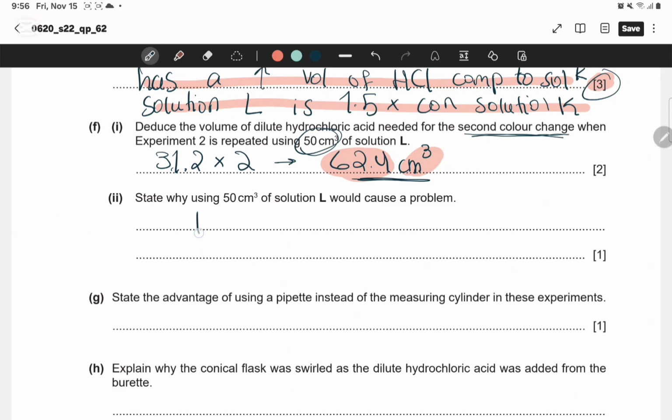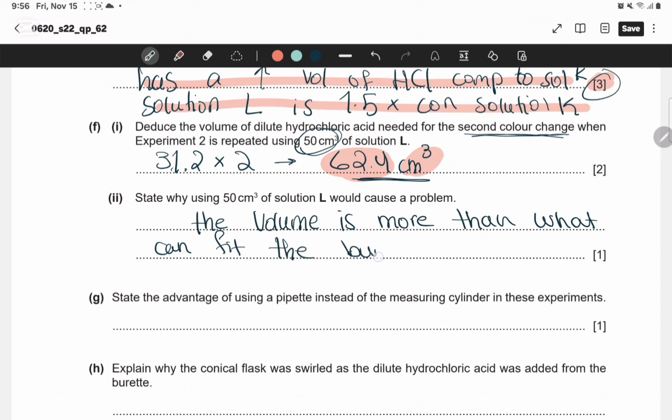So we're gonna have to say the volume is too large, or more than what can fit the burette.